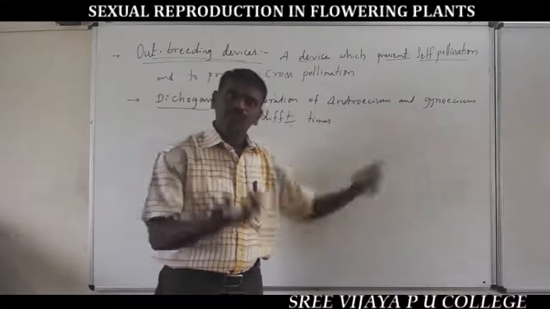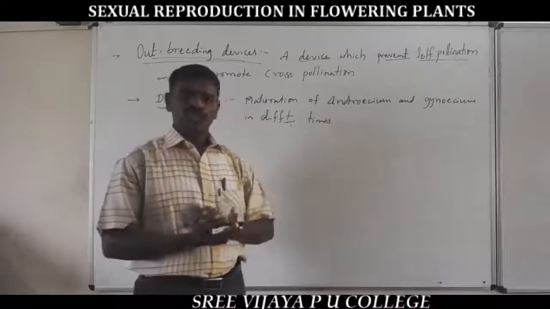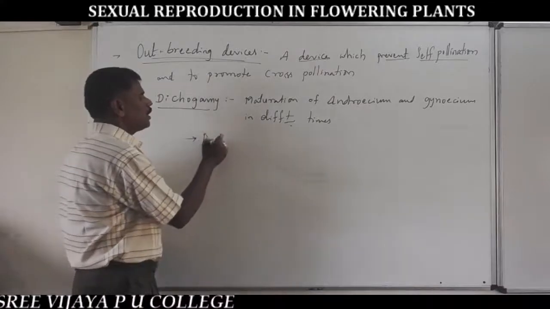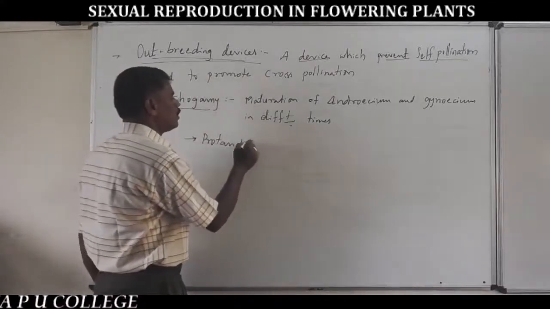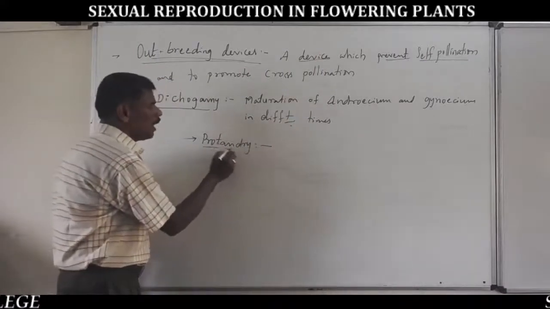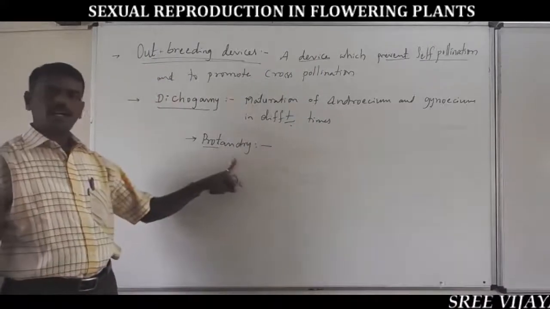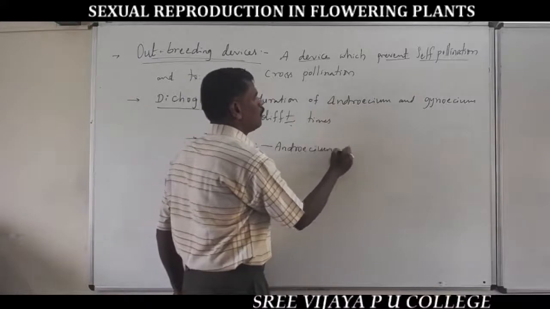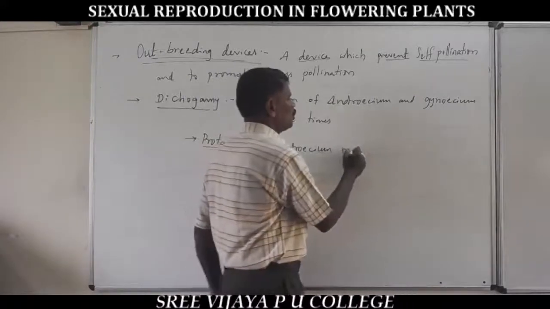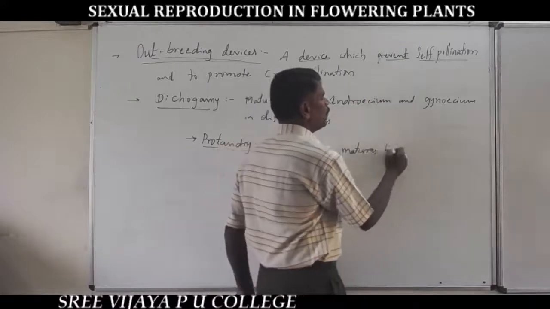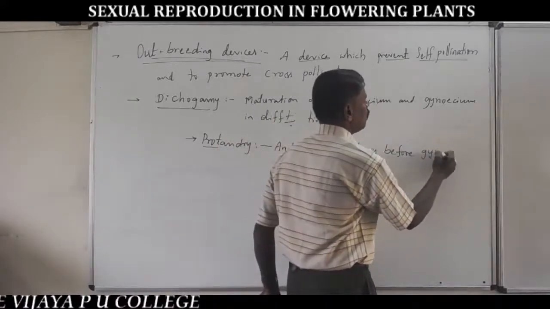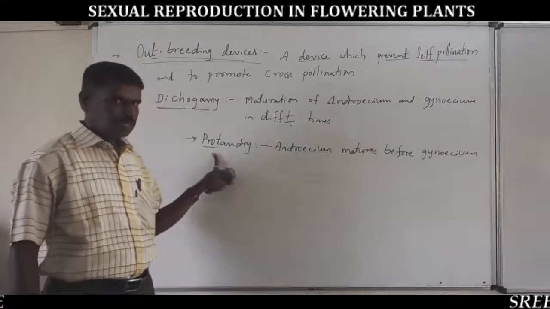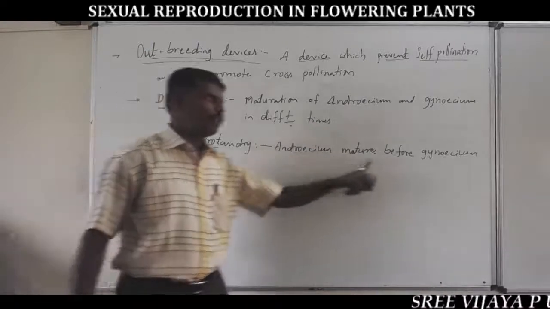Sometimes the gynoecium matures before the androecium, so there are two types. The first is protandry, where the androecium matures before the gynoecium.